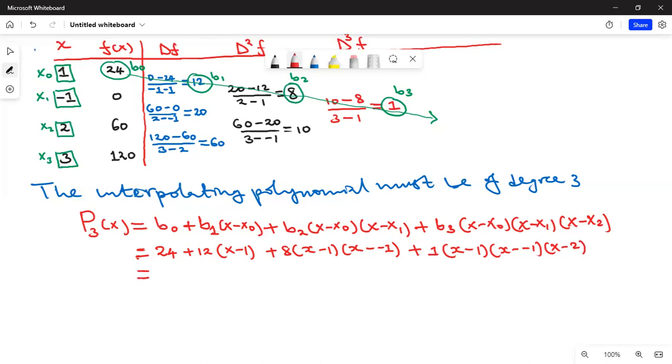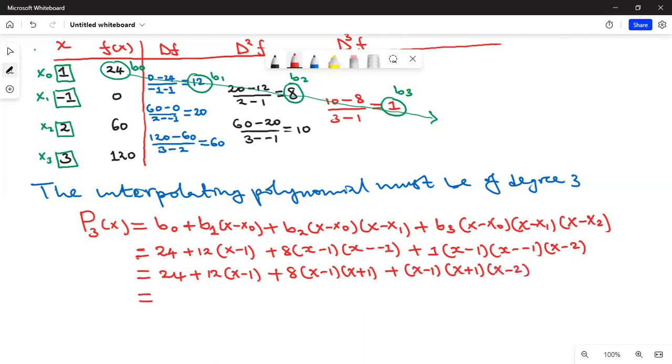So this you can as well write as 24 plus 12 into x minus 1 plus 8 into x minus 1, x plus 1 plus x minus 1, x plus 1, x minus 2.